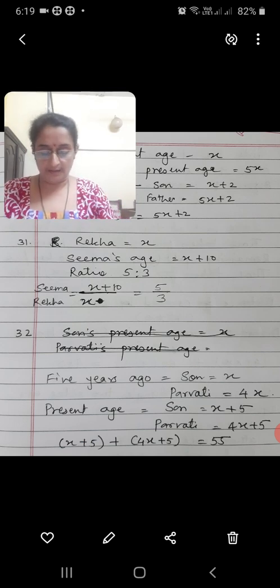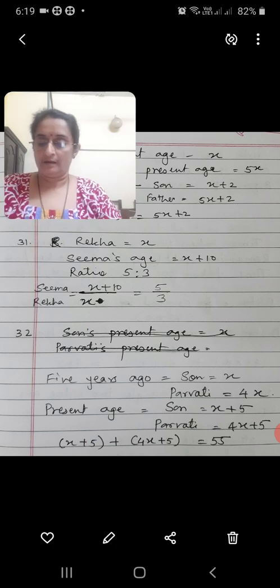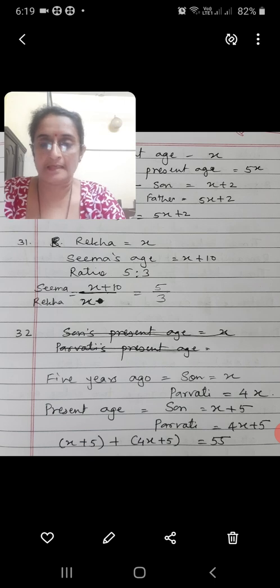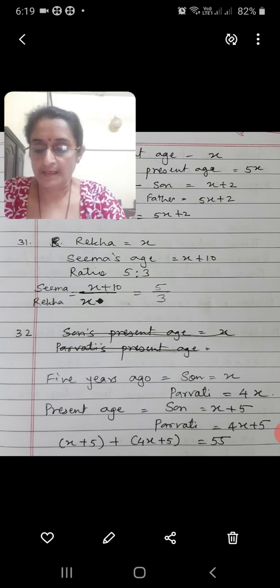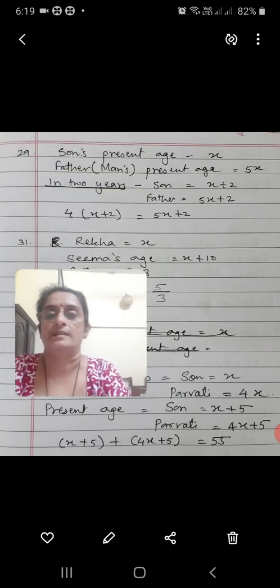So I have taken question number 29, where the question is: a man is 5 times as old as his son. In 2 years' time, he will be 4 times as old as his son. Find their present ages. Okay, so let us see what is given.